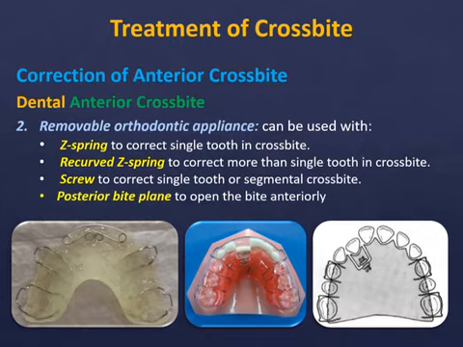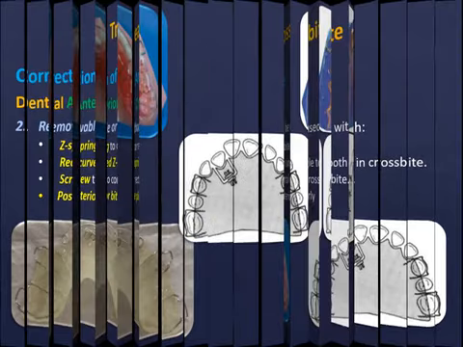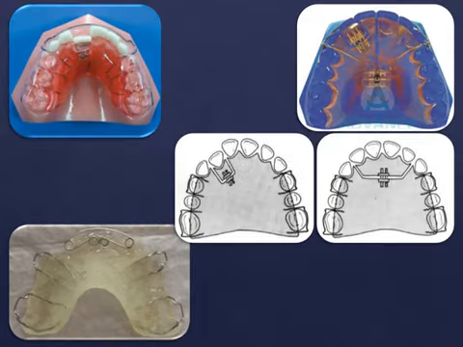We should use a posterior bite plane with the removable appliance in order to open the bite anteriorly, so that we have freedom to move the crossbited tooth. These are options of removable appliances to correct anterior crossbite.